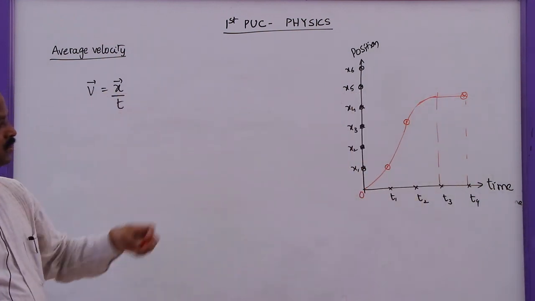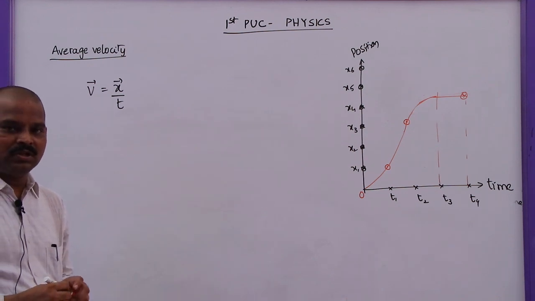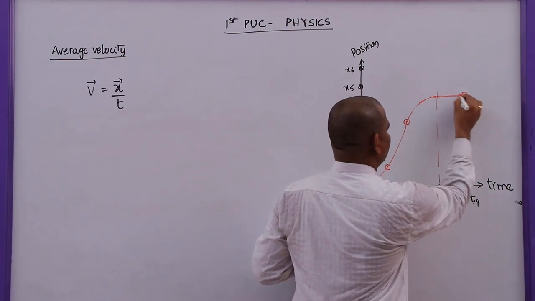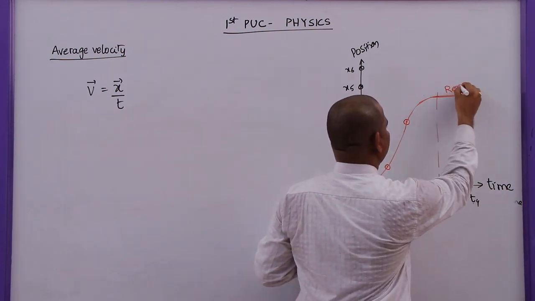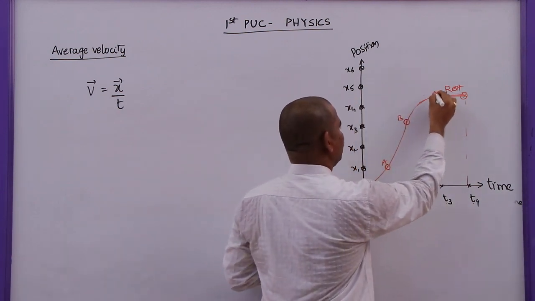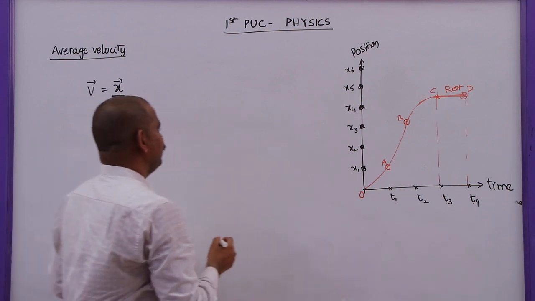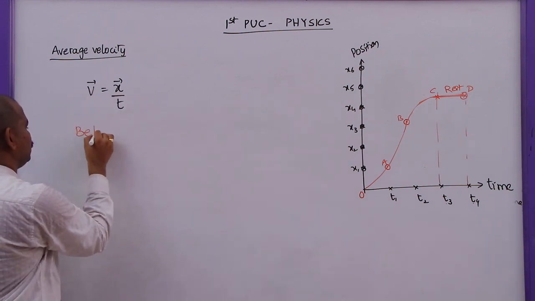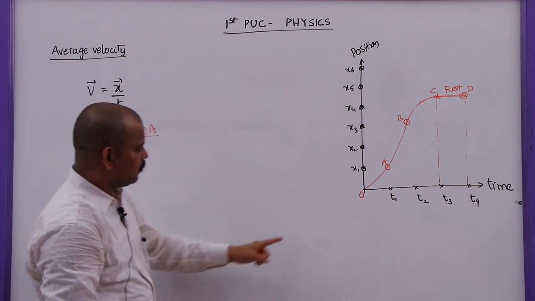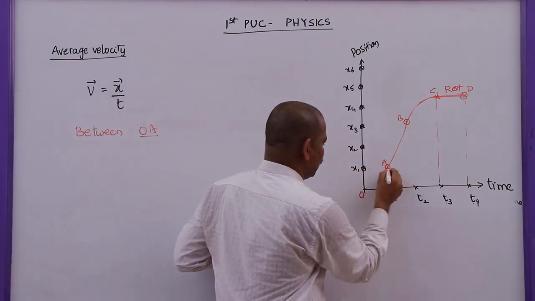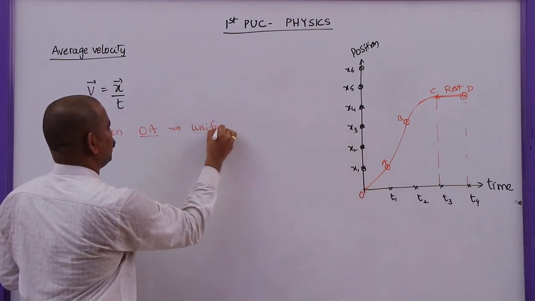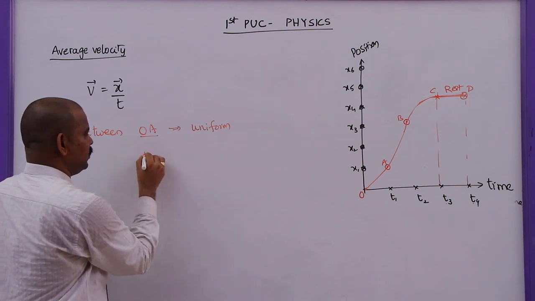In this graph, the position is changing with respect to time. But between t3 and t4, the body is at rest. Let us take the points O, A, B, C, D. From O to A, this is almost a straight line, so the motion is uniform.